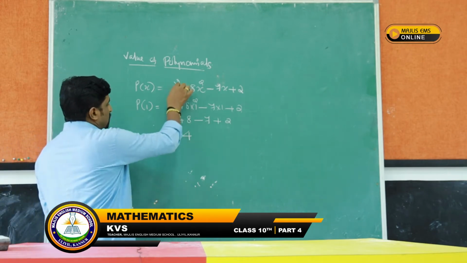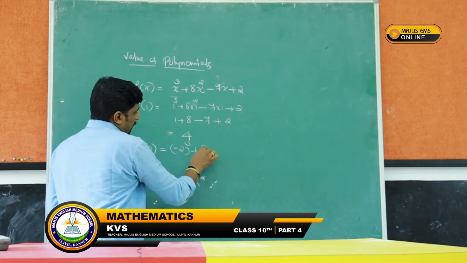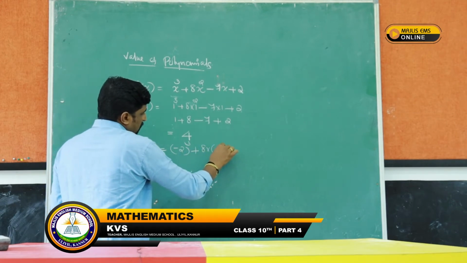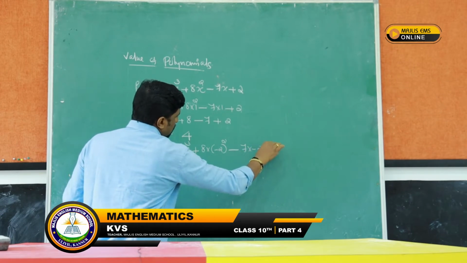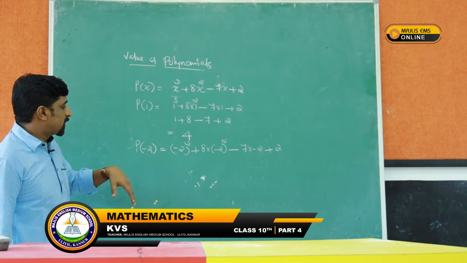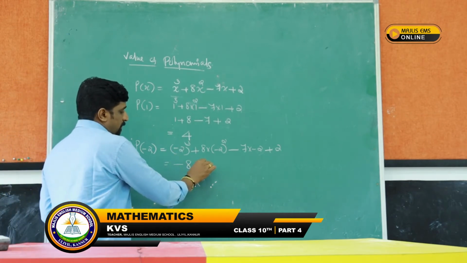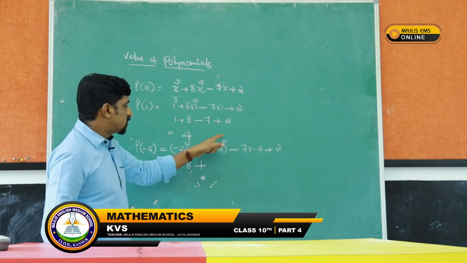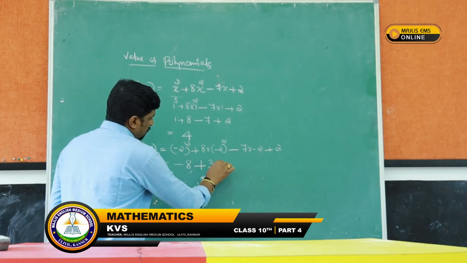Therefore, we substitute minus 2 in cube plus 8 into minus 2 square minus 7 into minus 2 plus 2. Now, minus 2 cube is minus 8, plus minus 2 square is 4, 4 into 8 is 32.